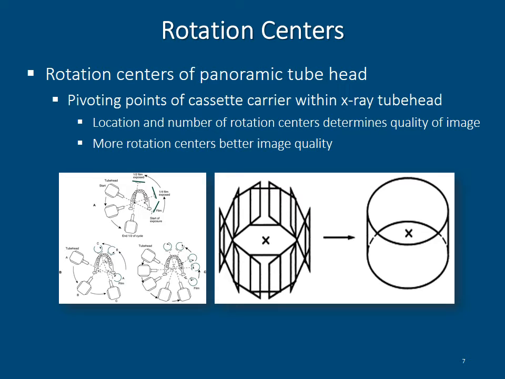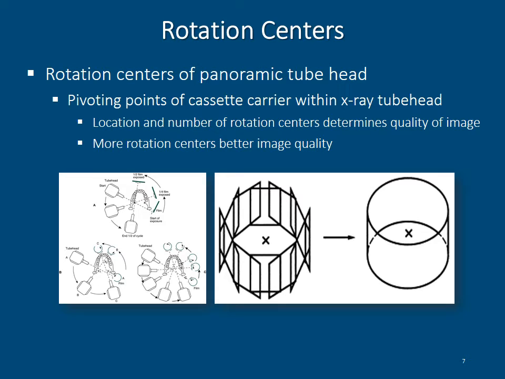You will note that in the first image, there are three tube heads that are traveling around the sketch of the jaw, and you will see that in image A and also in B. Look at the right side and you will note that there are many more of these little tube heads firing around the jaw.